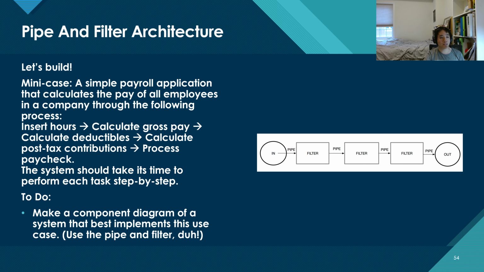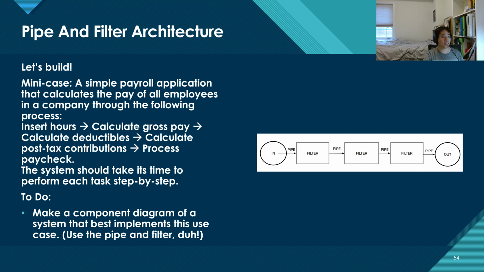And then after the deductions, it's going to send it over through another pipe to post-tax contributions. You can look up what those are, because I forgot. And then after calculating the contributions, we're going to send out the final paycheck for processing. That would be the output.